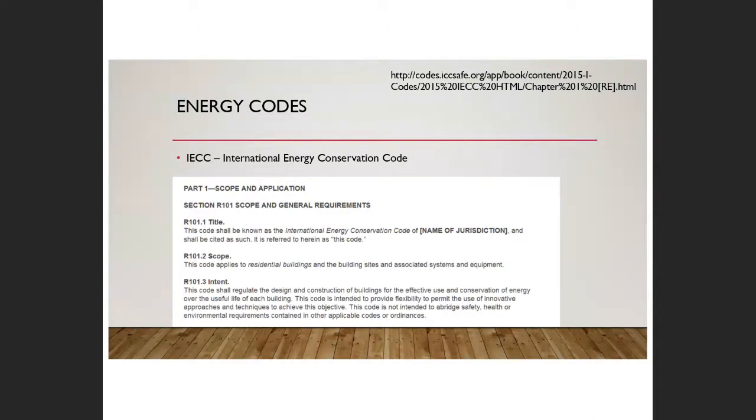Anyways, the IECC, the International Energy Conservation Code, is based on ASHRAE 90.1. Again, a lot of it has to do with the construction of the building envelope, how much insulation, what types of windows and doors, that sort of thing.